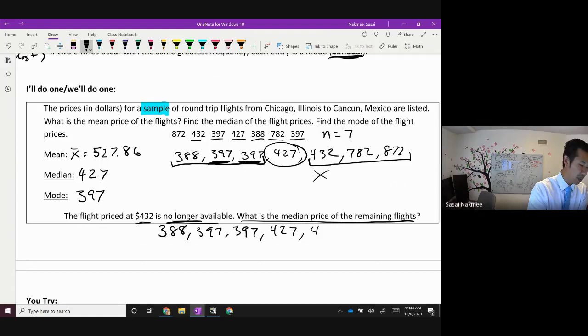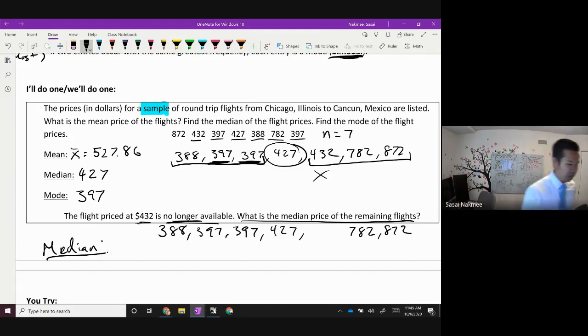That's no longer going to be included there. 432 is going to be taken out. 782 and 872. The 432 is no longer going to be involved. What is the median of this example now where I've taken out that value?